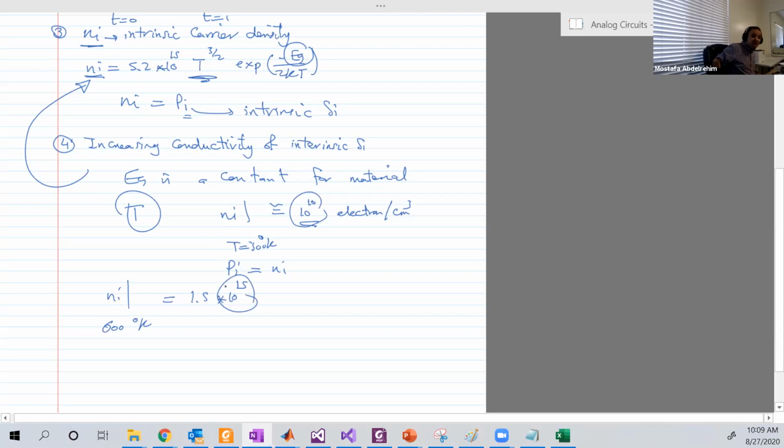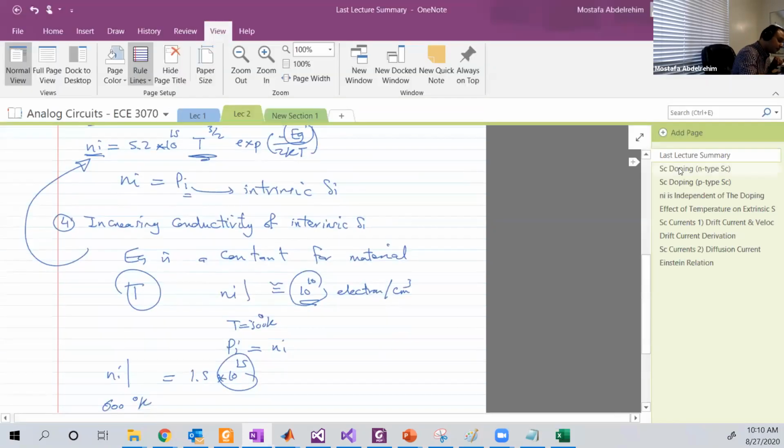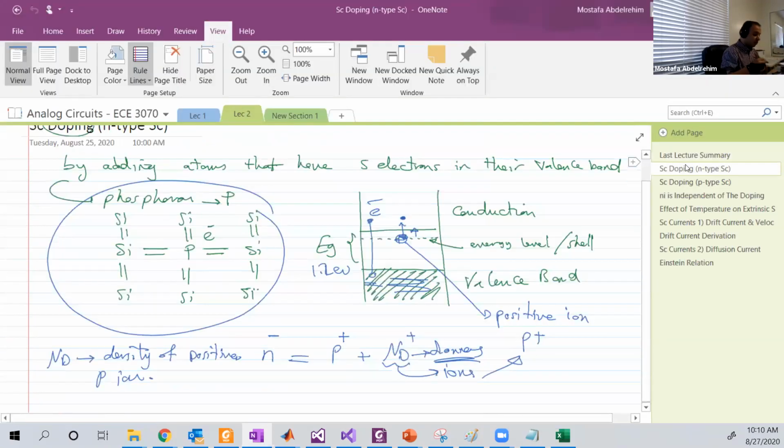But of course, this is not an efficient way to make the silicon more conductive, because you need a lot of energy. Here we doubled the temperature from 300 to 600. So we need a more efficient way, or a cheap way, we can say, to do that, which is doping. So let's revise the last concept that we took last lecture, which is doping.